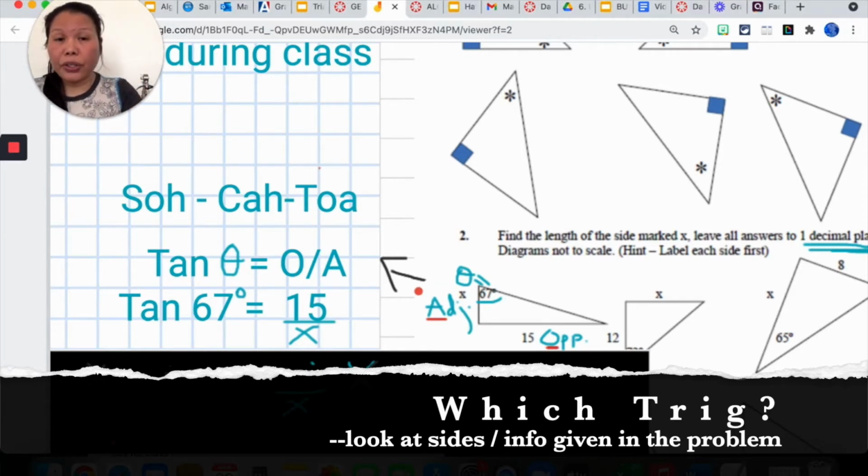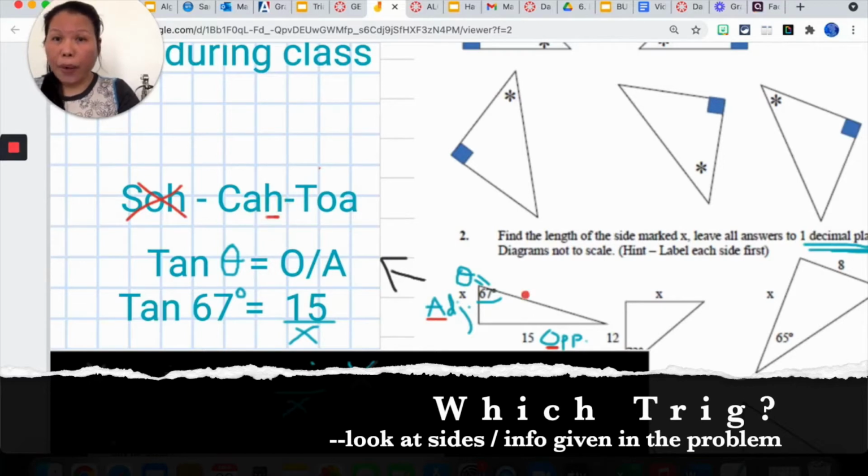I'm going to just locate the formula that has O and A or A and O. The first one, I can go ahead and cross it out because SOH has the hypotenuse information, but our problem here has nothing on the hypotenuse, so I cannot use SOH. I cross it out. Same thing with CAH.